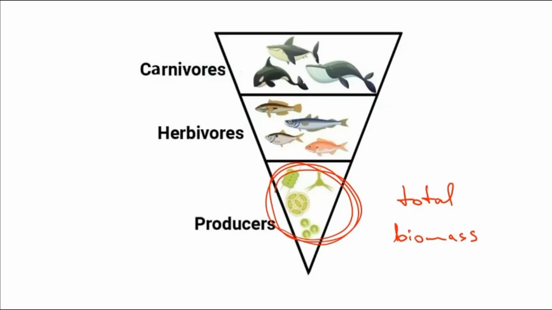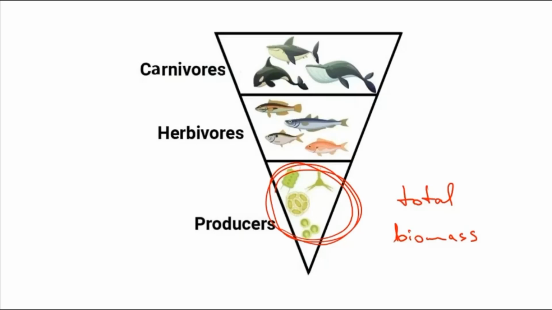Your tree lasts for years. But the phytoplankton only live for days at a time. So at any given moment, there is less of the producers than the higher organisms, which doesn't make sense, but there is a very rapid turnover.